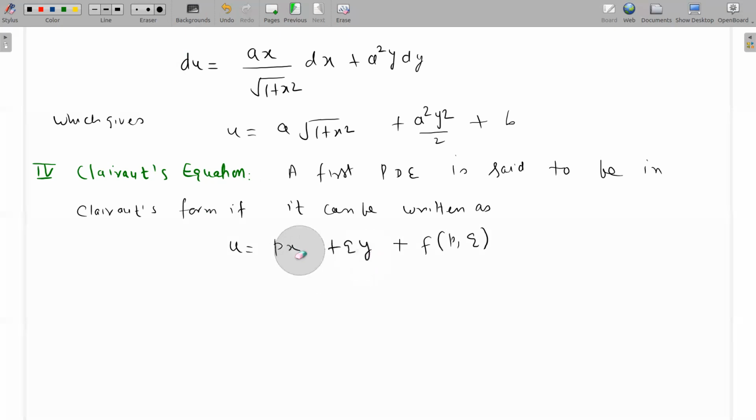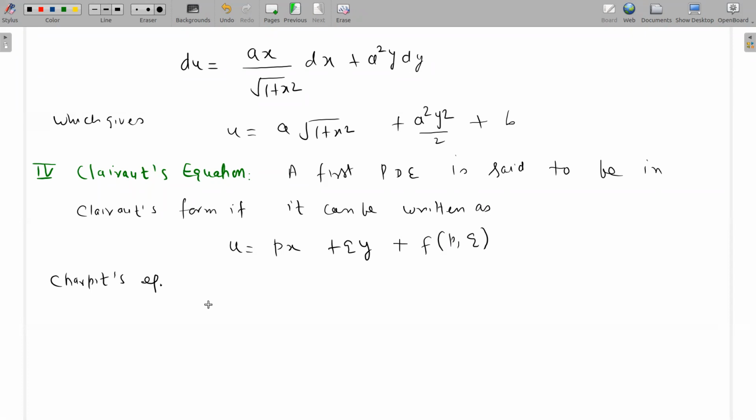First this factor should be there, the rest of the terms can contain any form of p and q. So in that case you have Charpit equations, they can be simplified further.